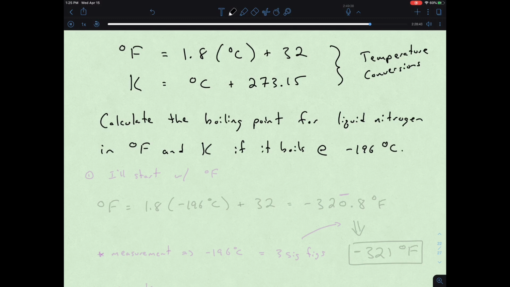So it doesn't matter how we want to start here. I'm going to start with equation 1. So I'll start with the degrees Fahrenheit. We're just plugging these values into our expression that we see above, like we see here. And if we plug that in, we should get a value of negative 320.8 degrees Fahrenheit.